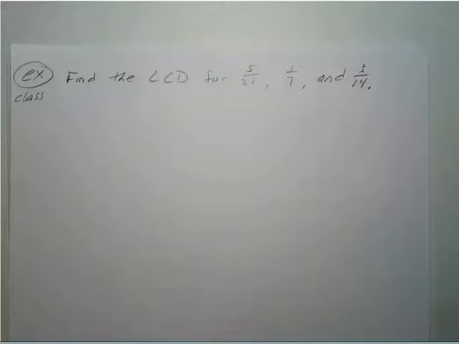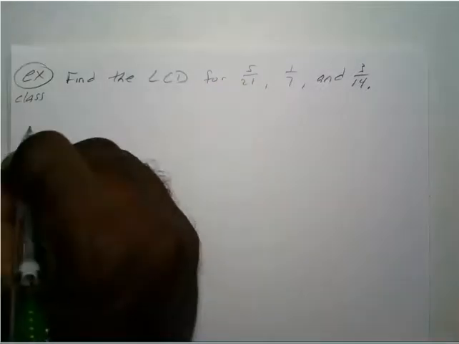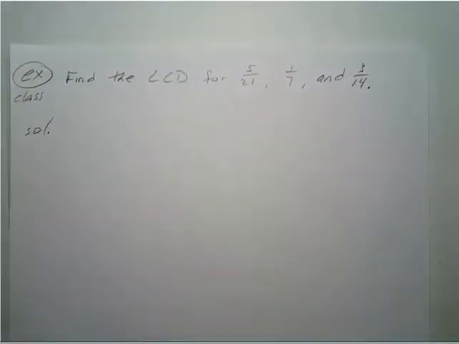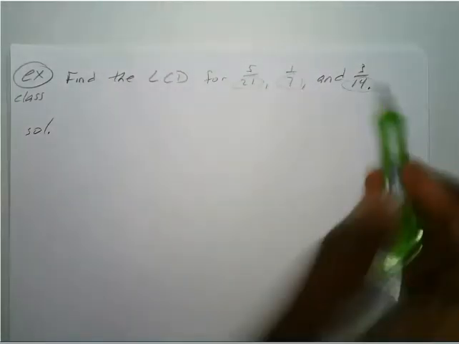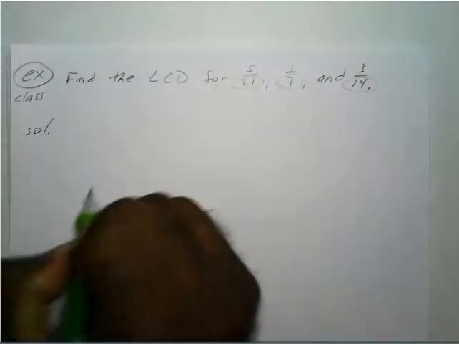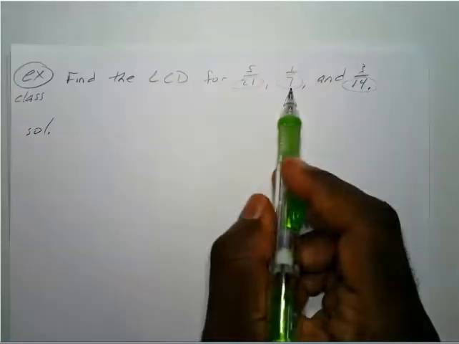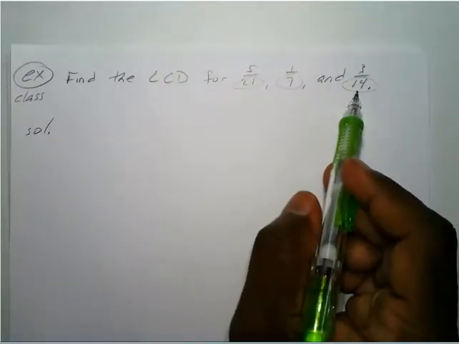All right, so I'm assuming you've pressed pause and you've already solved it. So let's go ahead and verify your answer. Okay, so remember your first step. You want to factor your denominators. Okay, so really with these, because they're pretty basic ones, you don't really need the factor tree.